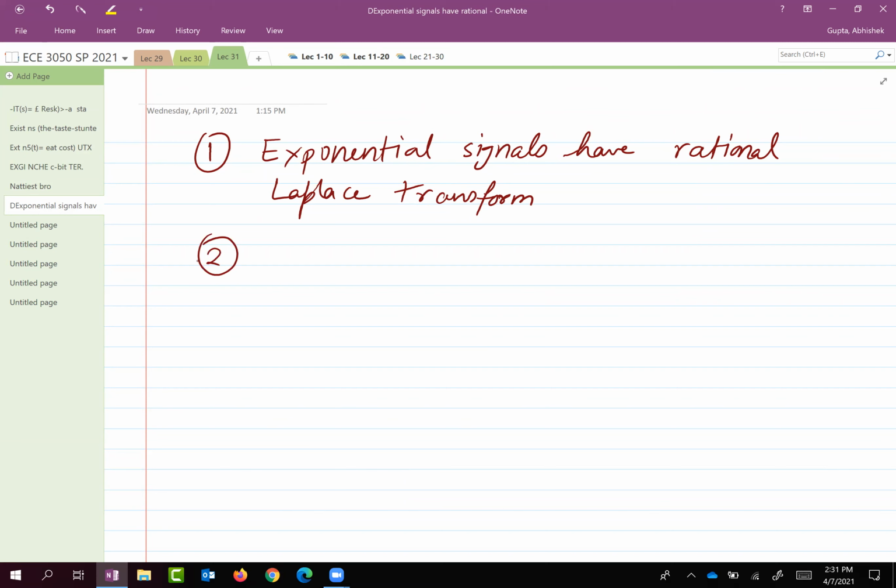Number two, we have a region of convergence for every Laplace transform, for these signals for which Laplace transform exists.